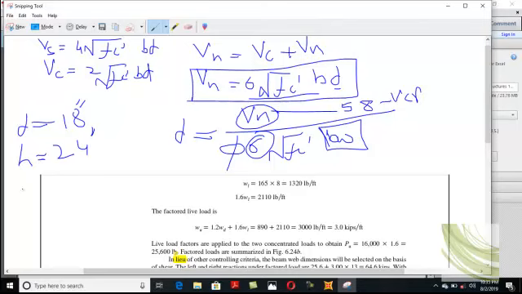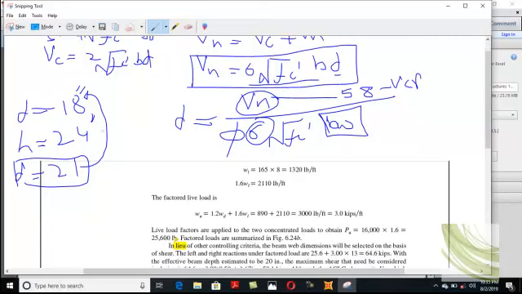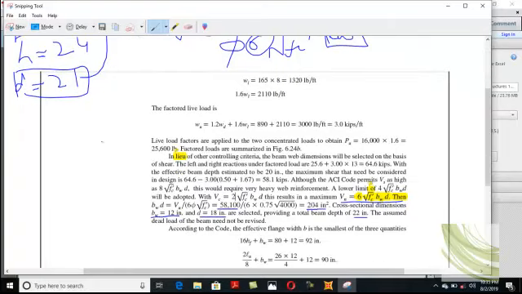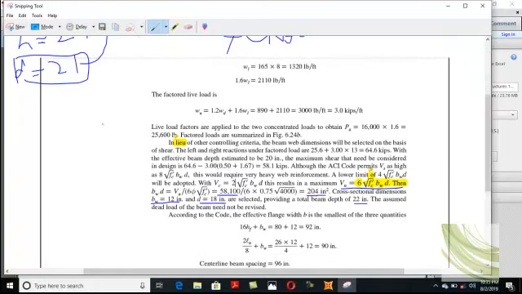So if I assume a 3-inch clear cover to the center of reinforcement, my effective depth will be 21 inches. As 21 inches is more than 18 inches, we are on the safe side. So we don't consider this value; we continue calculation on this safe value. This value will pass the shear test also. We are on the safe side.